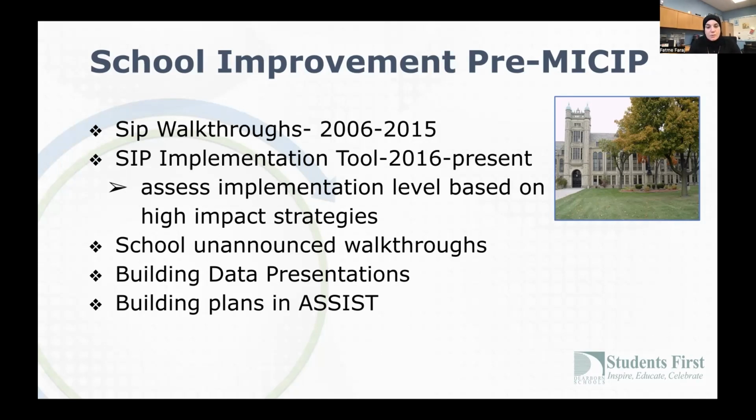Because this practice was highly impactful in our view and what we've seen in buildings, we continued with it under MICIP, and we will show you how we tweaked it to make sure that it's focused on what the goal is currently for Dearborn Public Schools, what strategies the buildings were tagged with, and also the activities.